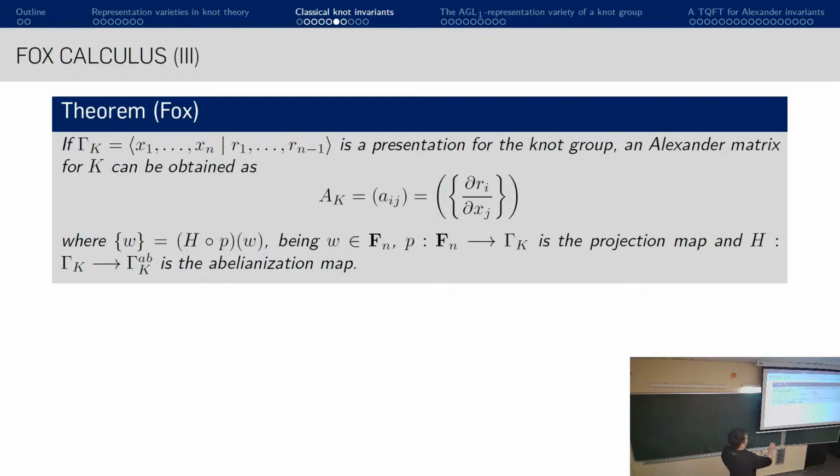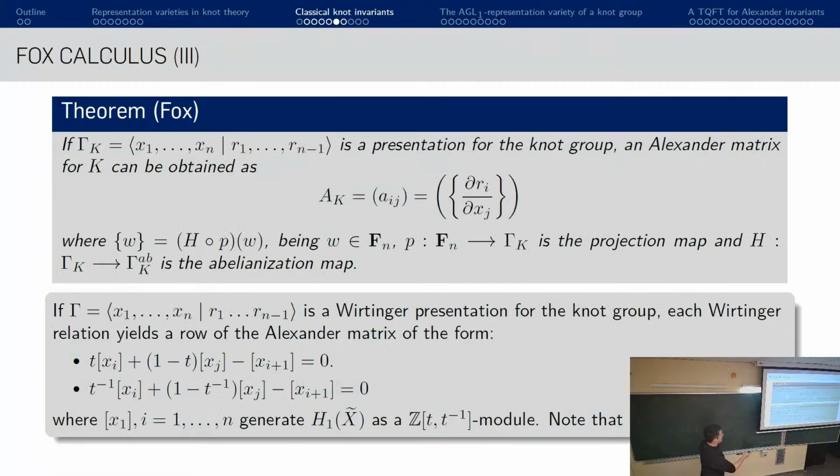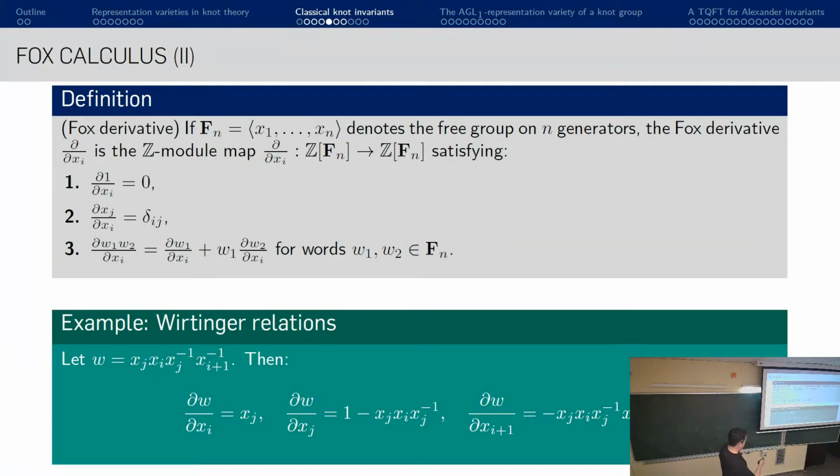Then there's a first projection which says, okay, you did it for the free group, now project it onto your group, considering the relations that were already there. And then the final step is to abelianize: compose the matrix that you have and abelianize each entry.